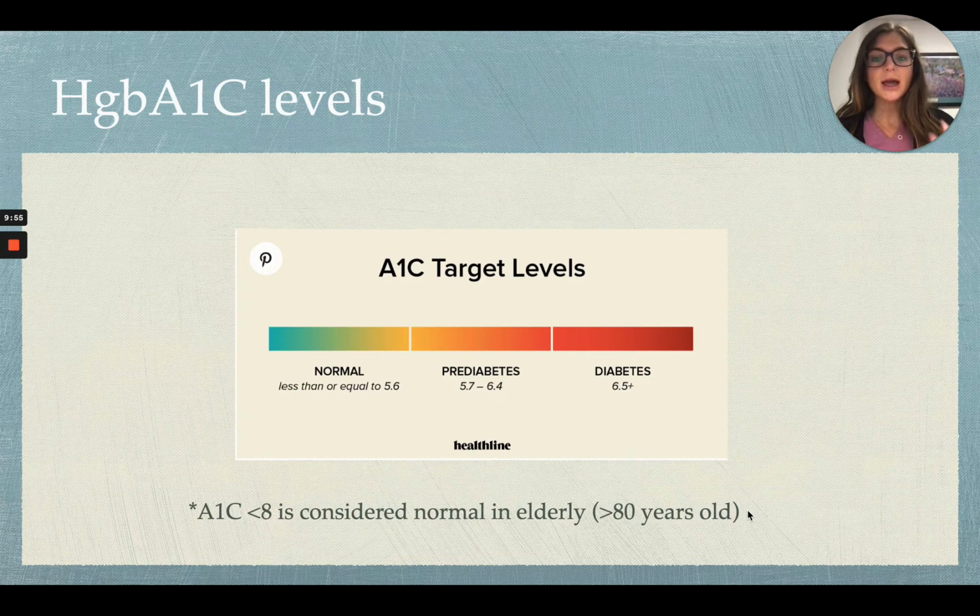As we age, we do have some normal impaired glucose levels. So for the elderly population over 80 years old, an A1C less than 8 is considered normal.